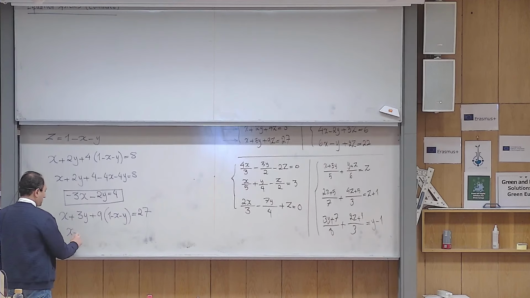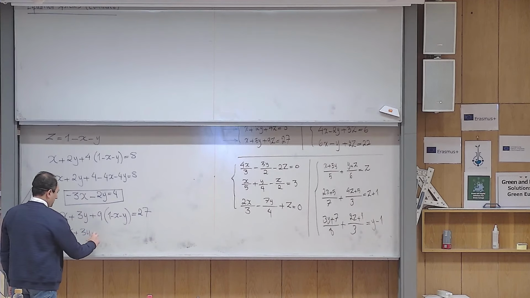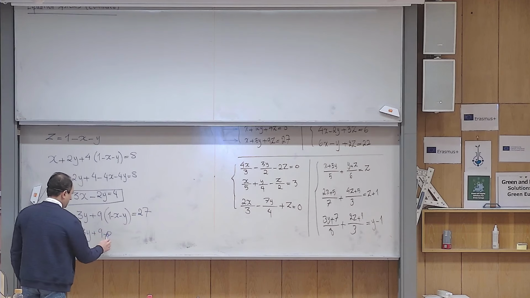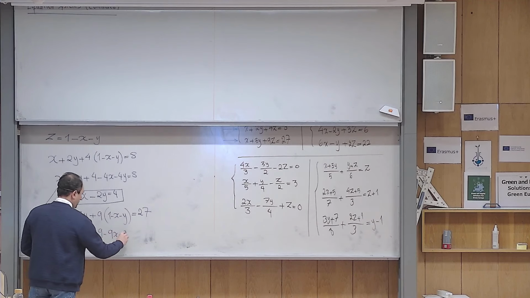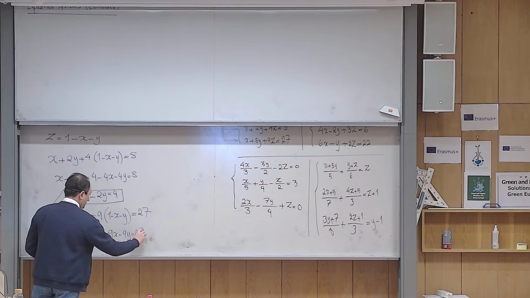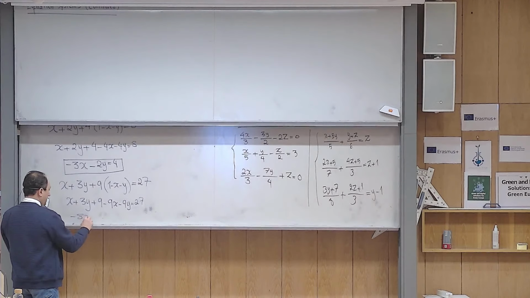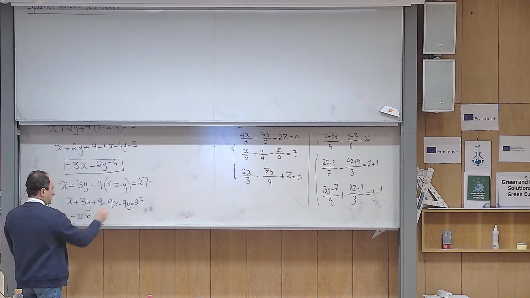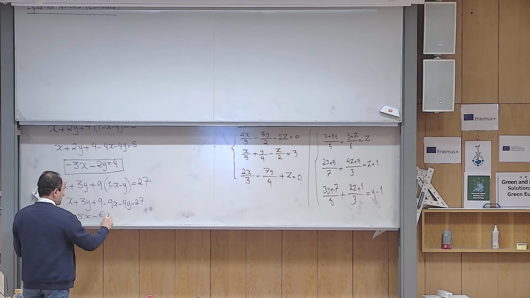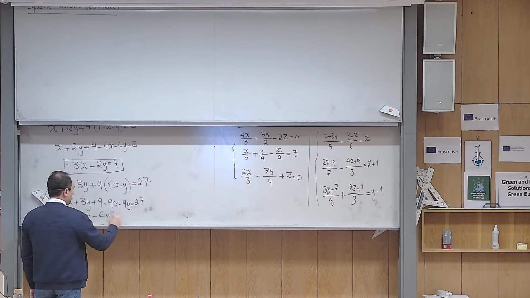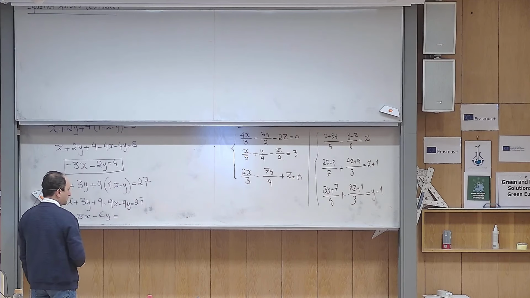So it becomes x plus 3y plus 9 minus 9x minus 9y is equal to 27. But x minus 9x is minus 8x. 3y minus 9y is minus 6y equals, I move 9 to the other side, becomes what? 18.